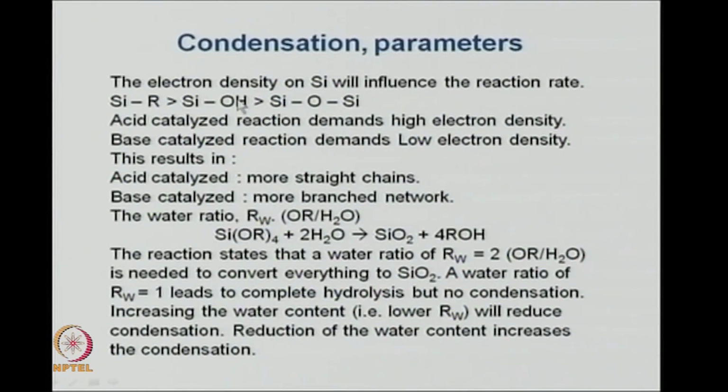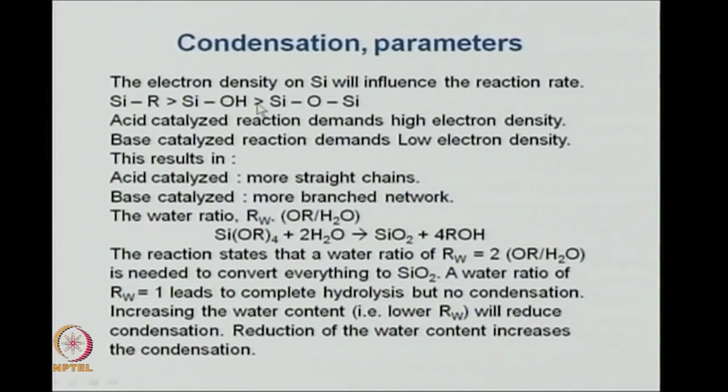If you have a hydroxyl group, it has less electron donating capability than an alkyl group, and so this system will have less electron density on the silicon. So, in this series, this moiety will have the highest electron density on silicon compared to this moiety, where the electron density on silicon will be very low.